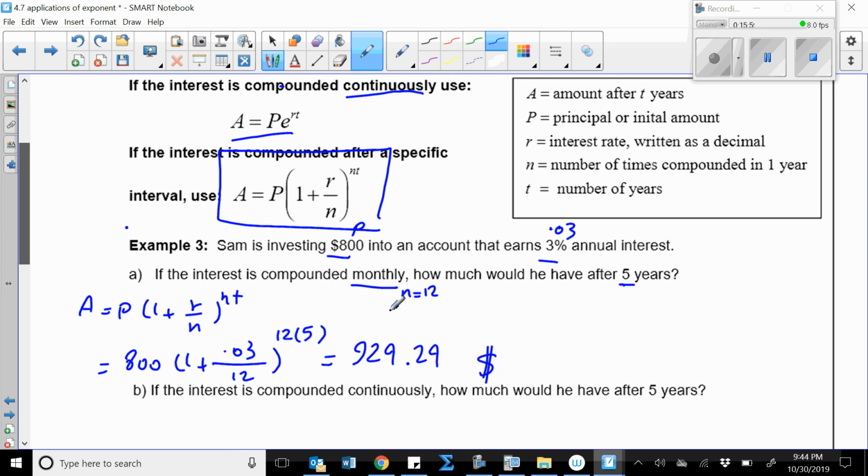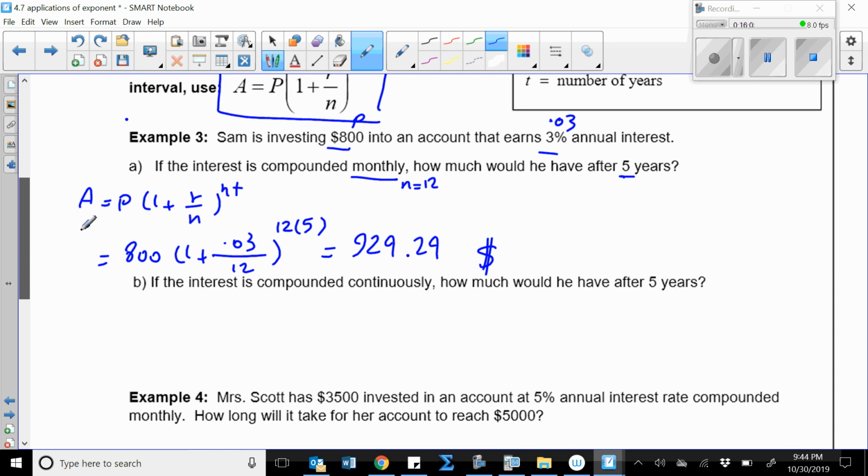So this is the amount that we will get if the money is compounded monthly after 5 years.